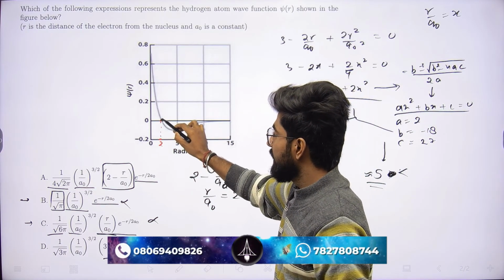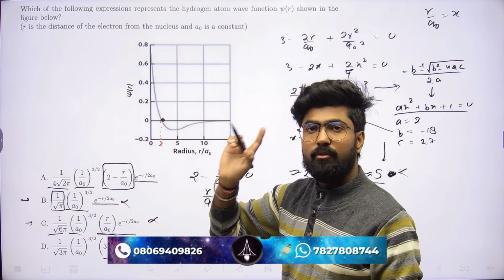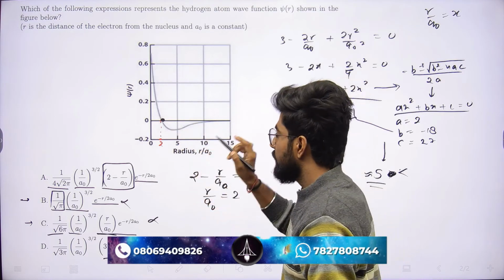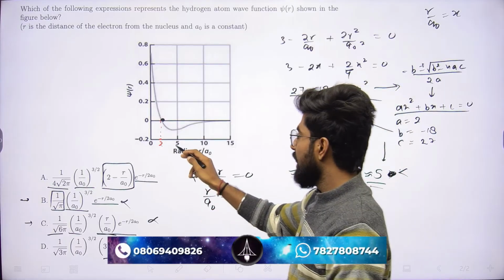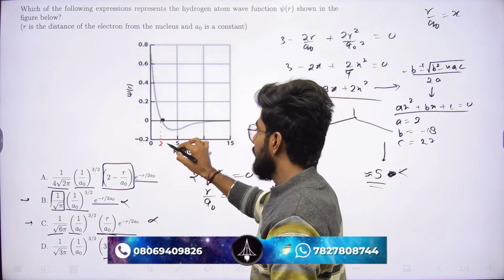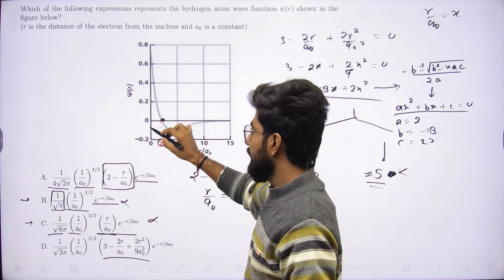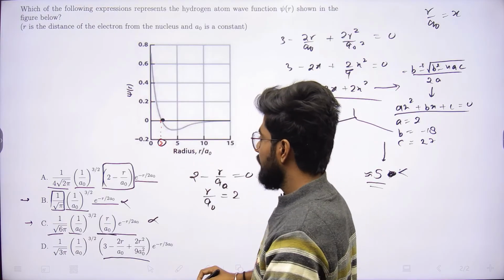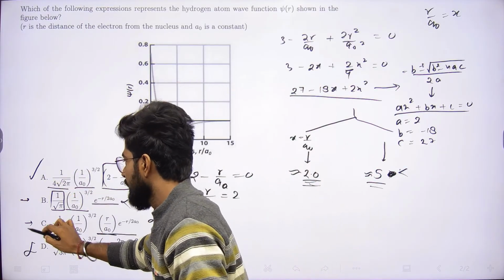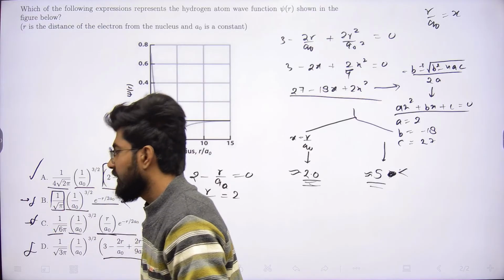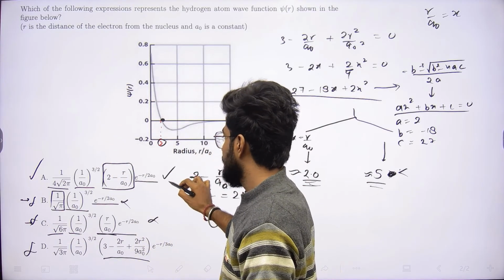The actual graph gives you only one radial node, meaning only one solution that gives r by a naught basically 2, and consequently psi r equals 0, and that is option A, not option D. So options D, C, B are incorrect, and the only correct option is option A.